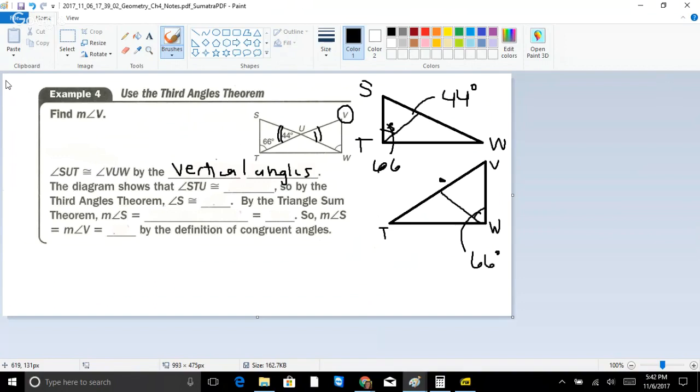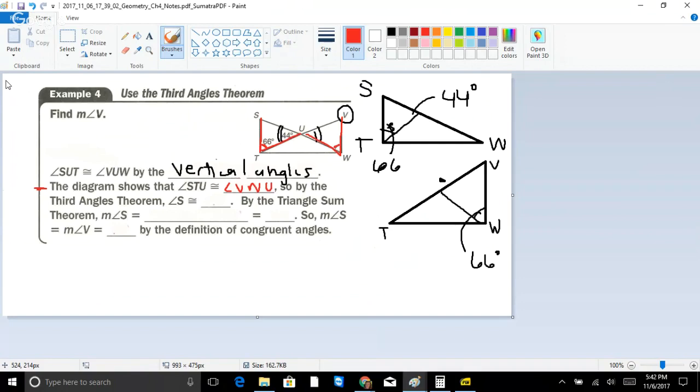The diagram shows that angle STU is congruent to angle VWU, and the reason the diagram says it is because we have these little congruent angle marks, these little hash marks there.